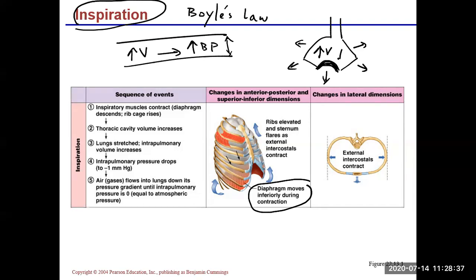The pressure is going to be lower in this case, almost like negative. Outside pressure is higher. Outside pressure is 760 millimeters Hg. You've just created a vacuum. So now the pressure is going to go from high to low, and the oxygen is going to move in. And this is the idea of inspiration.